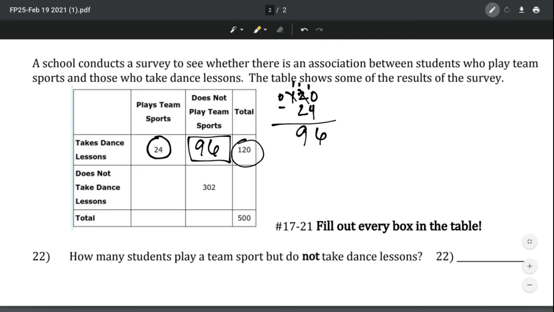Okay? So how could you infer some of the other boxes? Do I have enough information to determine this box right now? I don't have any way of knowing that, right? Because I don't have enough information. But I could get that information by solving for which box?